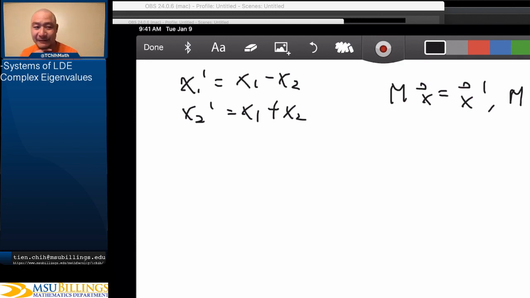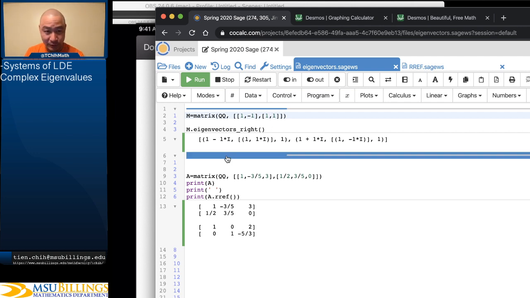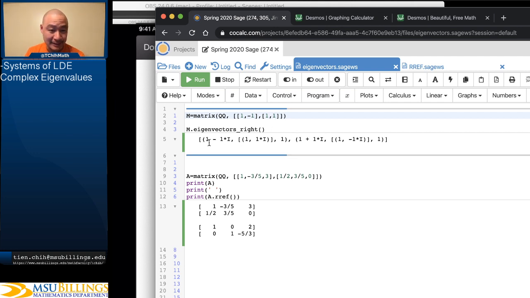Now to find the eigenvectors for that, we're going to skip over the difficult part, and it's extra annoying because of the complex values. But if we pop it in Sage with 1, negative 1 as the first row and 1, 1 as the second row, we get these eigenvalues and eigenvectors. 1 minus i is the first eigenvalue, so let me write that down.